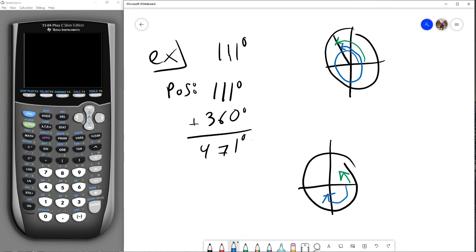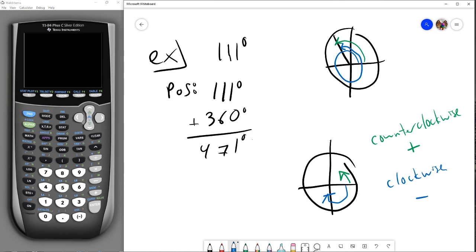And if we were to do that, that would actually give us a negative angle value. So we want to make a distinction here. Counterclockwise, we could think that's the positive direction, and then clockwise, that is the negative direction for our angle rotation.